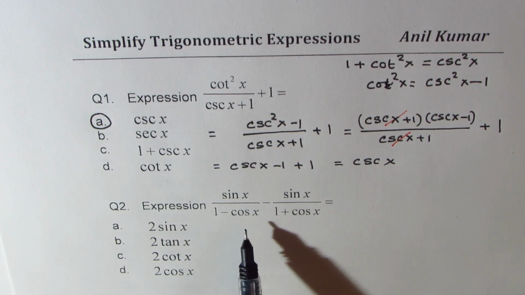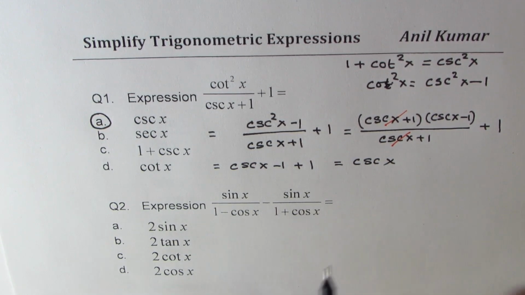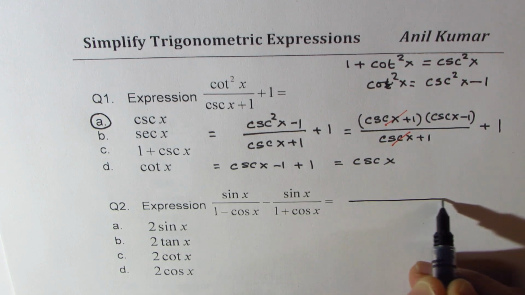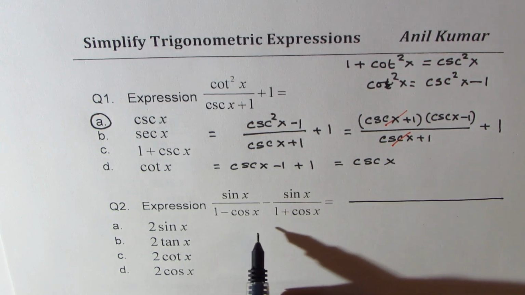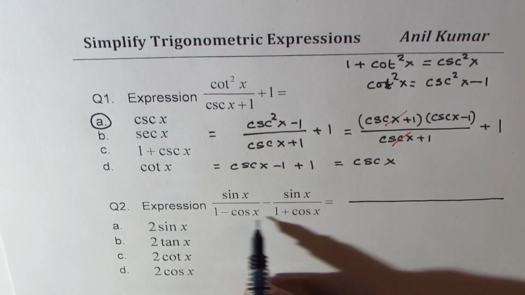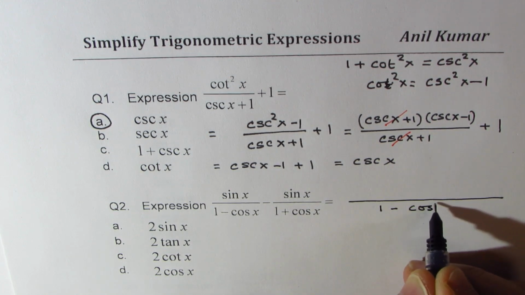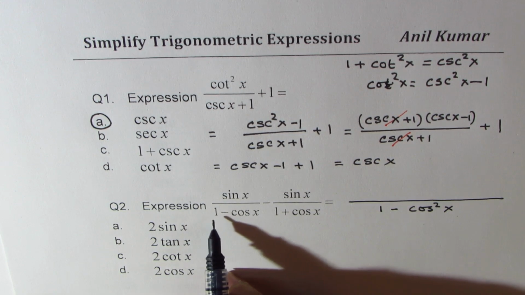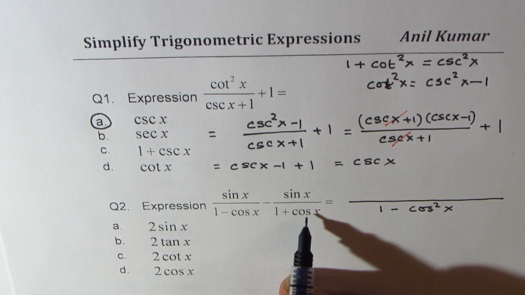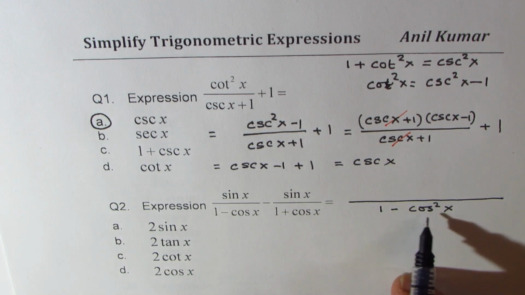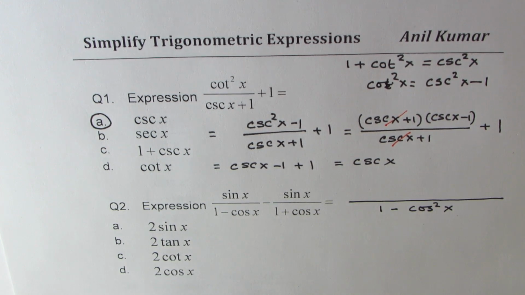Now I'd like you to do the second question yourself, and here is how we are going to do it. You can actually pause the video to answer. The common denominator here is 1 minus cos square x. When you multiply 1 minus cos x with 1 plus cos x, what you get is 1 minus cos square x. Correct?